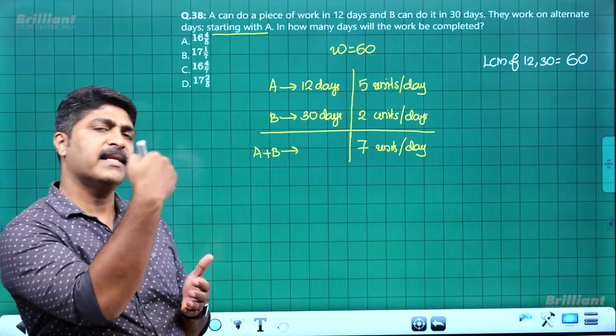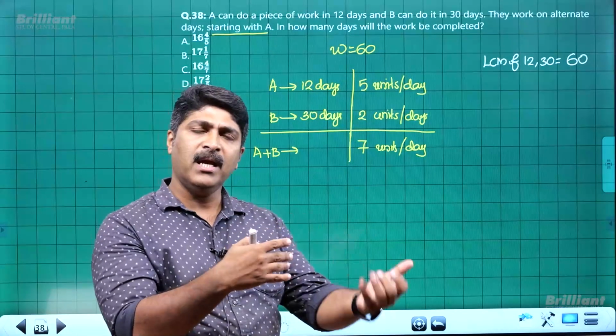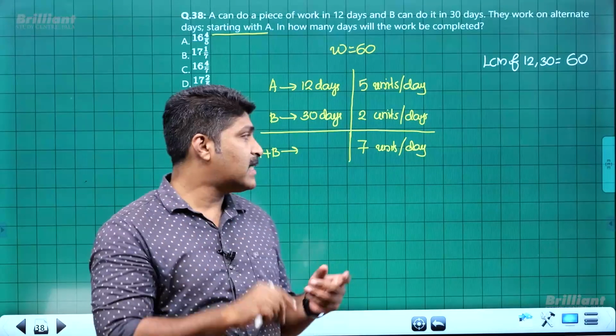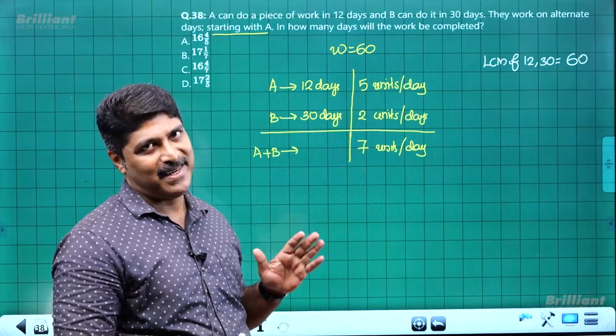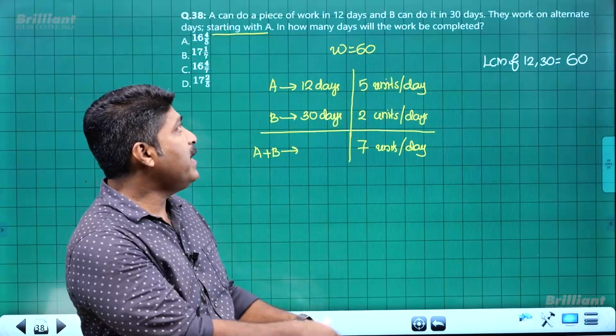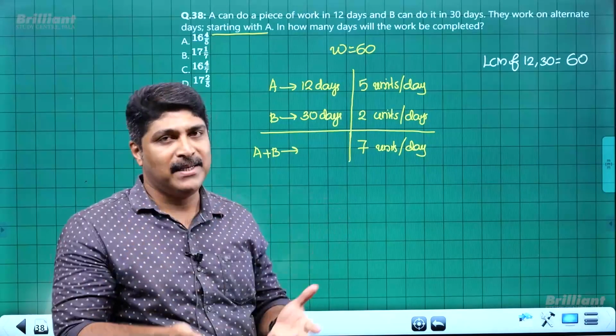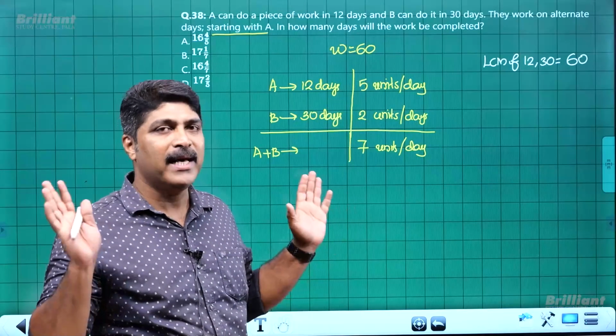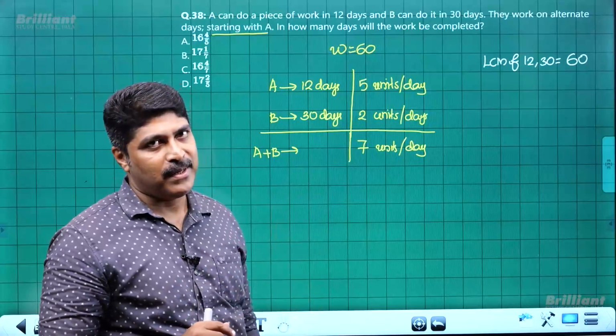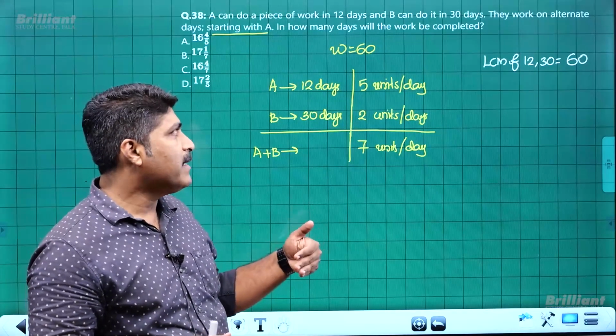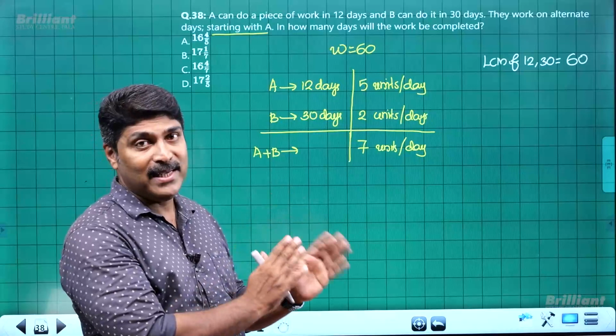First day A, second day B, A, B, A, B, A, B. In each 2 days, 7 units of work will be completed. After how many days will the 60 books be bound? That's what we are going to find out. I will teach you a trick to reach that count easily.